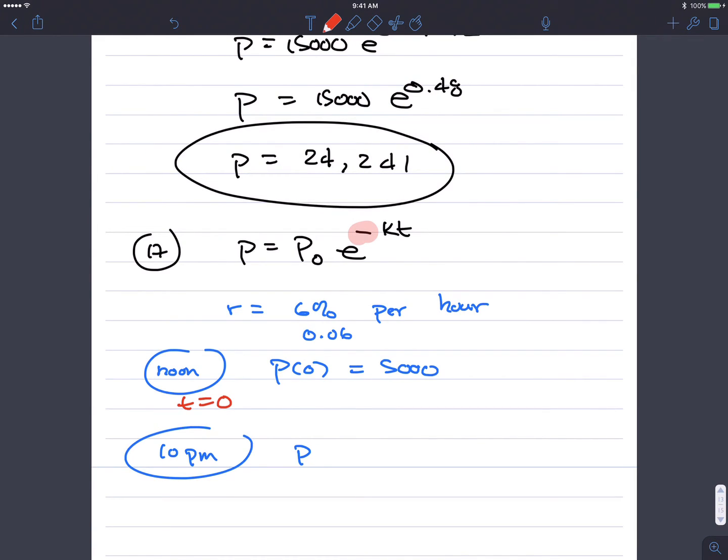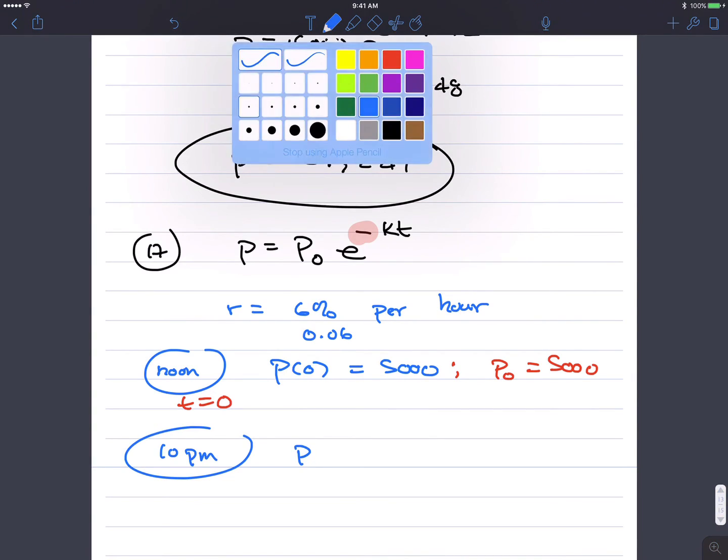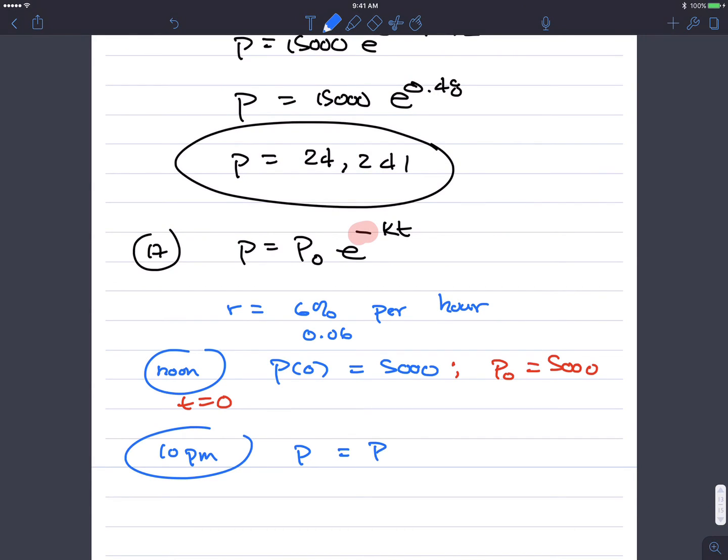Is that true? So our P naught is actually 5,000, the initial population. So P is P naught e to the minus 0.06 times time t. My rate is 0.06. That's the decay rate.